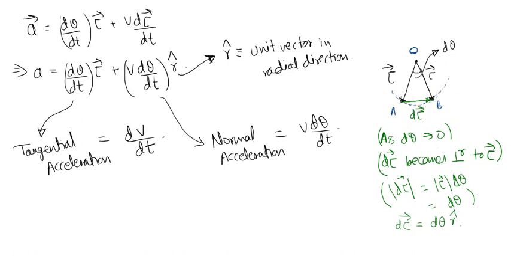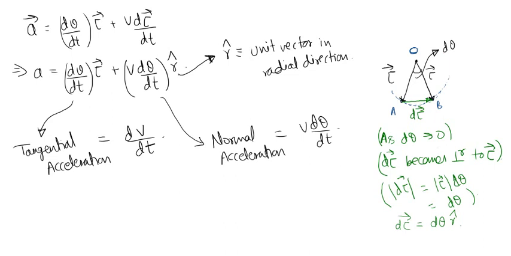As I make d theta smaller and smaller, the points A and B come closer to each other, and the length of the straight line AB and the length of the arc AB become more or less equal.